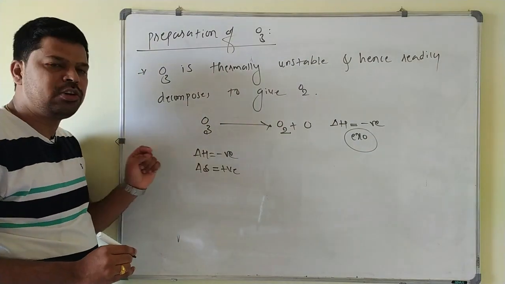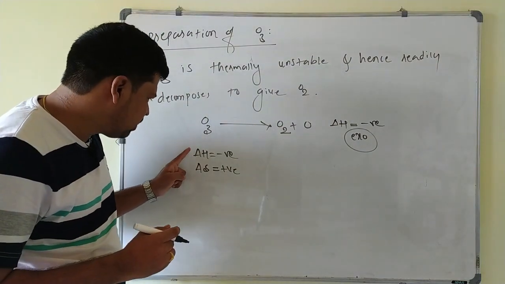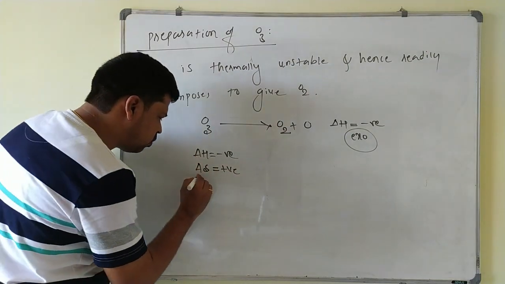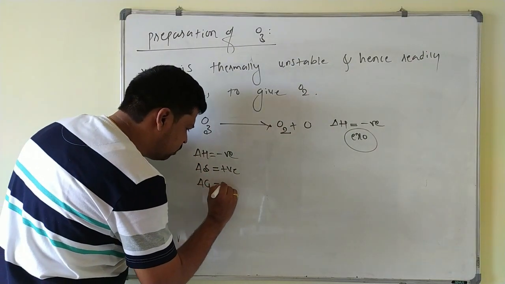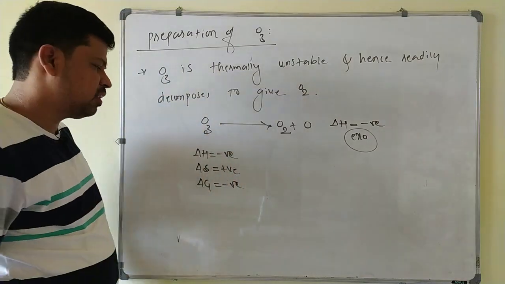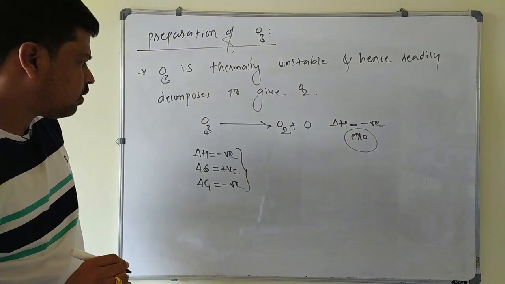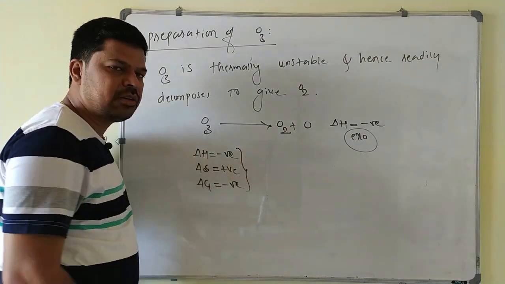According to thermodynamics, delta H negative and delta S positive automatically make the Gibbs free energy value negative for this process. So these collectively give a spontaneous process.